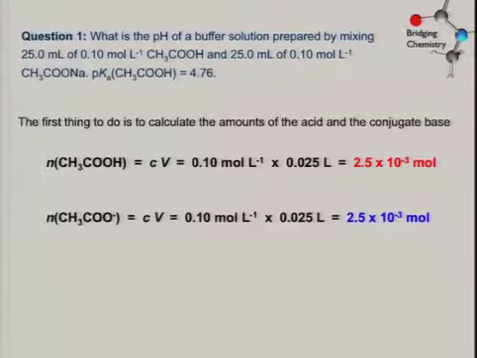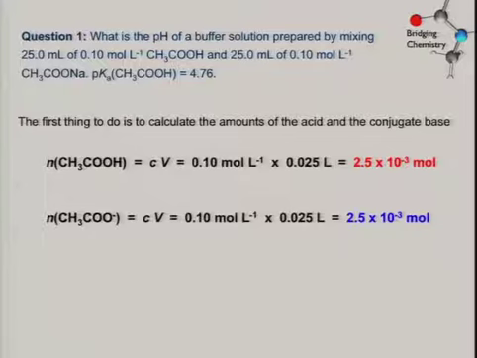And if we do the same sort of calculation for the ethanoate, then we get the same answer, because the volume is the same and the concentration is the same. They won't always be. I've done this deliberately in this first case. It's deliberately straightforward to make a point. But these concentrations and volumes will normally be all different to each other, right?